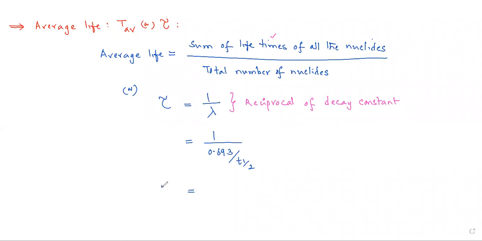So this can be finally written as 1.443, or else simply 1.44 into t half. So this is a very important relation. Then this also, the relation between average life and the decay or disintegration constant. Then this is the relation between average life and the half-life.